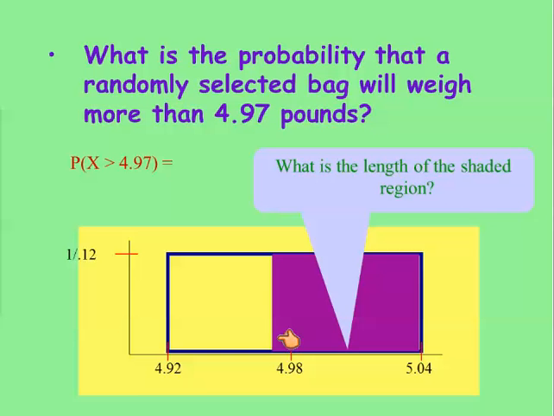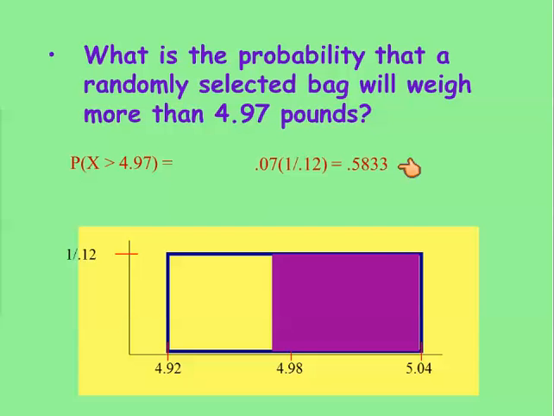So I'm taking 5.04 minus 4.97, and that's going to give me what? 0.07, 7 hundredths. And I'm going to take that 7 hundredths times the 1 divided by 0.12. And that's going to tell me the area in this purple area here.